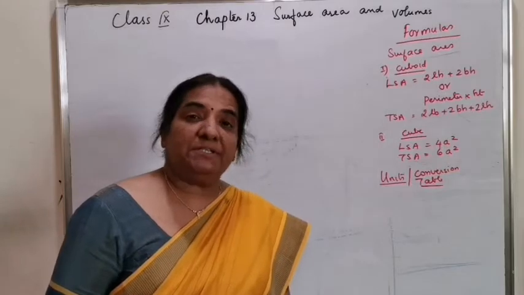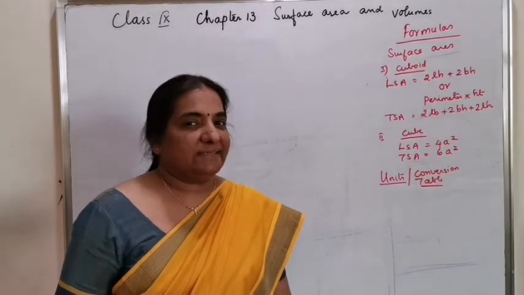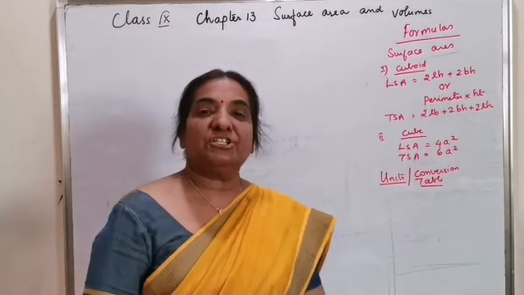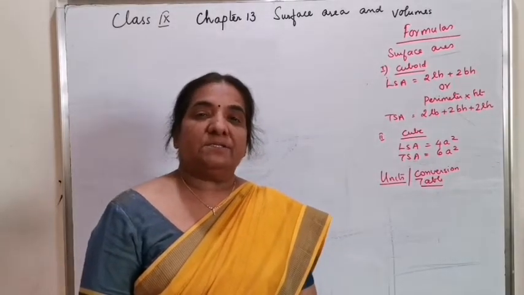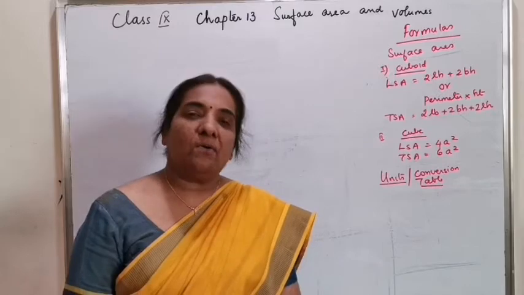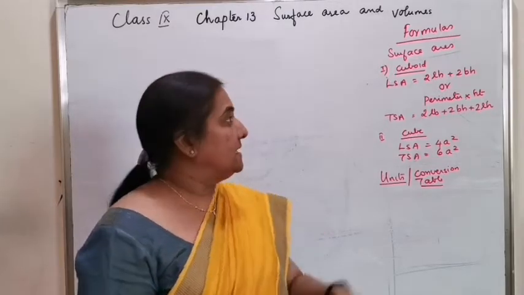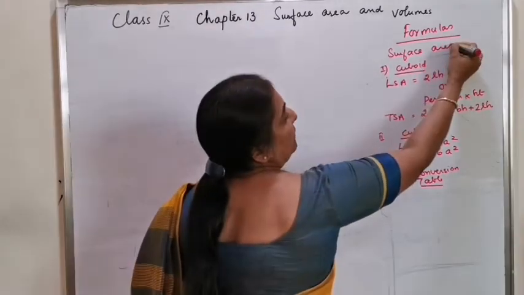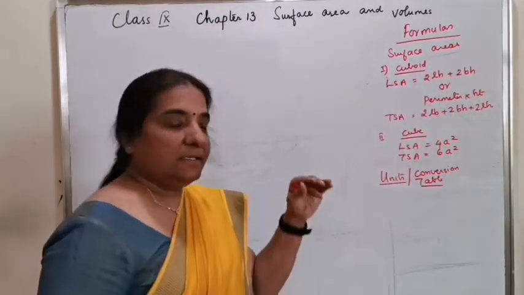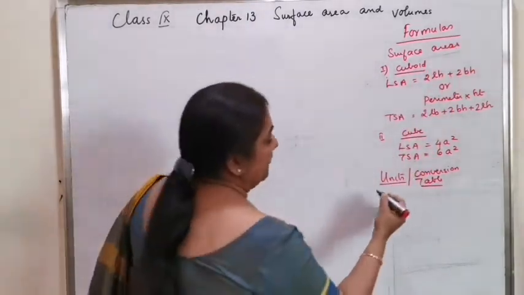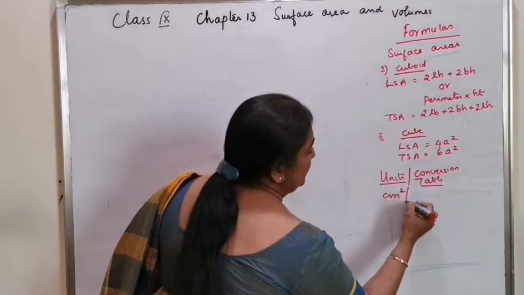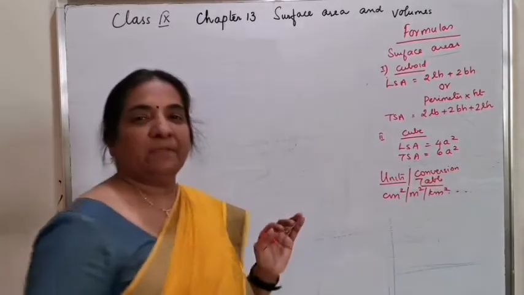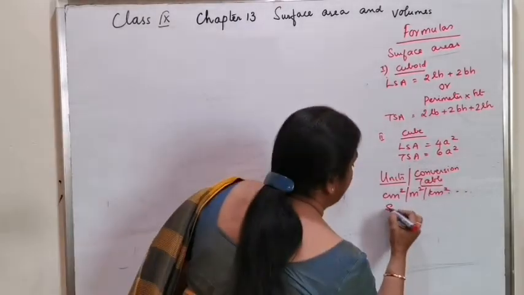What is the unit you will be using for surface area? Now, unit as well as conversion table is very important in all subjects, and since the word related is area, you can always understand that the unit will be either centimeter square, meter square, kilometer square, or any square units.